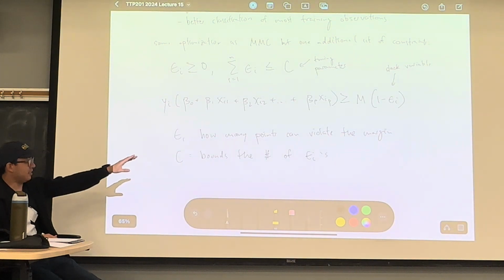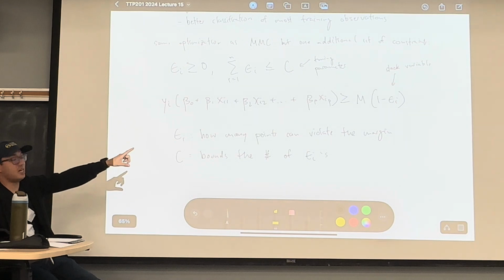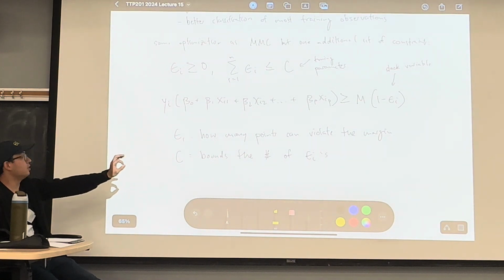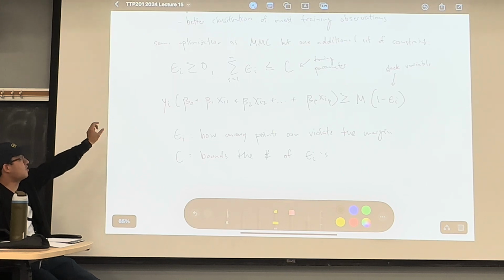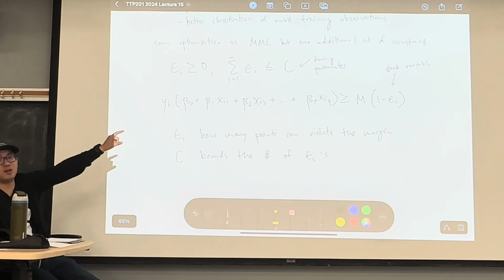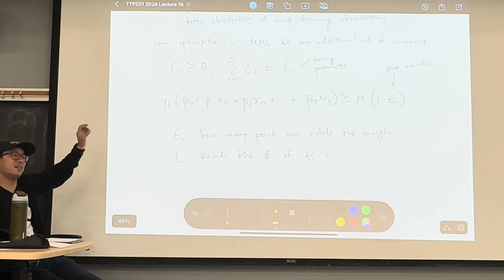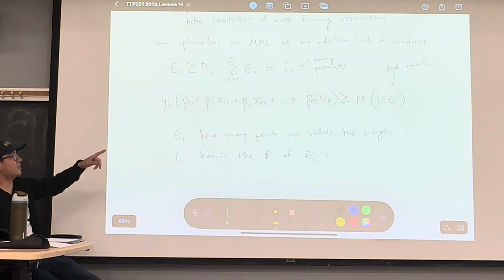Basically the idea is you've got this M times your slack variable, right? If you have 0, which means that no points can violate the margin, then we're back to our MMC. And so yi essentially has to add up to our M classifier. You have to have the same number of points defined by y as what your classifier does.